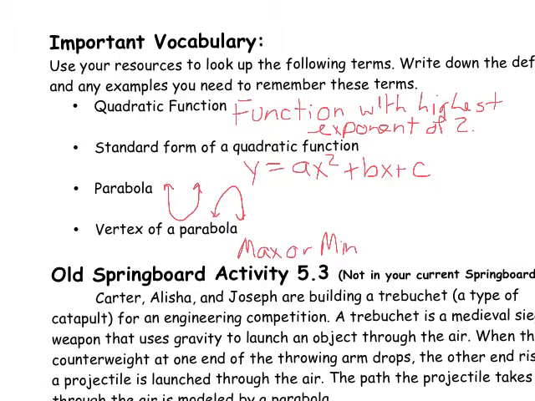On the parabola that opens up here, it would be this minimum point right down here. That would be the vertex. Or if I have this parabola that opens downward, it would be this maximum point up here where it shifts from going higher to lower. So that's the vertex.